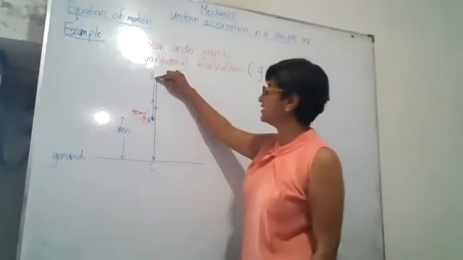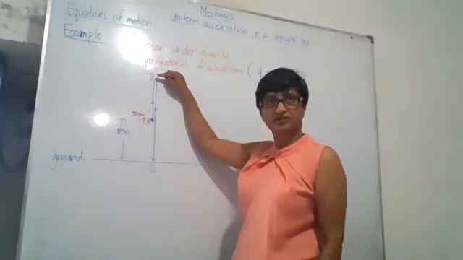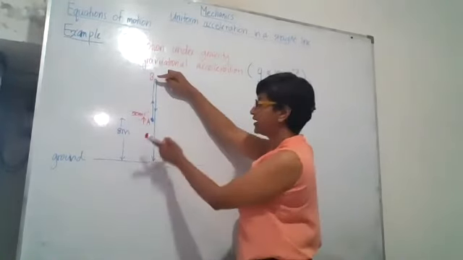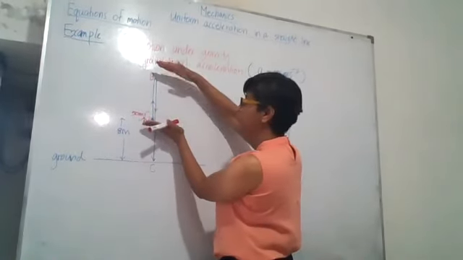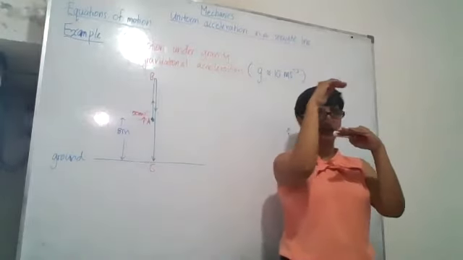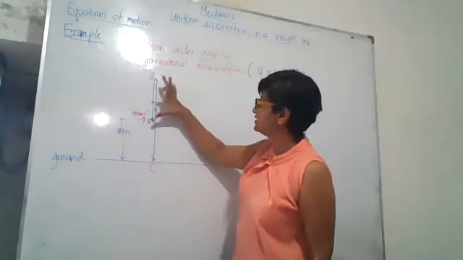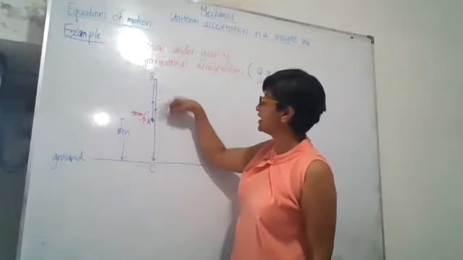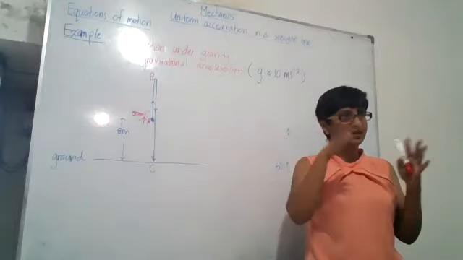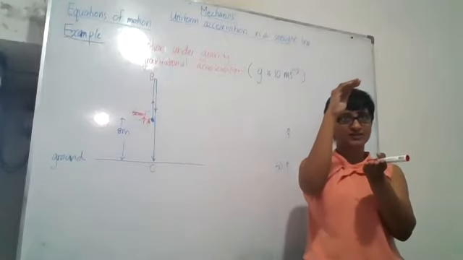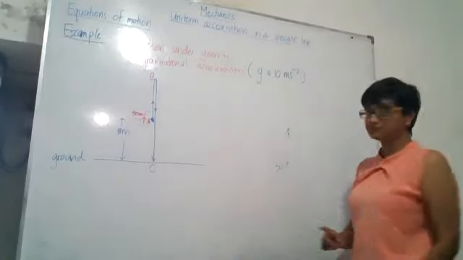Since in part A they are asking the distance traveled up to the highest point, I have to apply equations from A to B. So that's my section, A to B: initial speed, final speed, acceleration, displacement, and the time taken. Those are the 5 things related to that part.